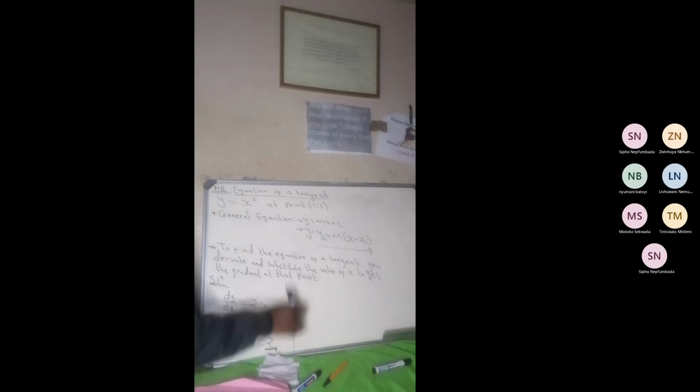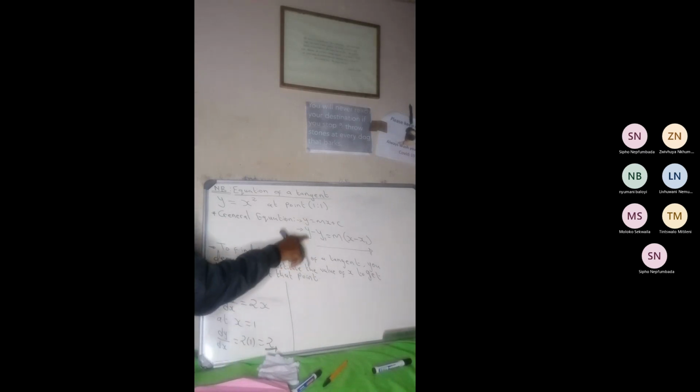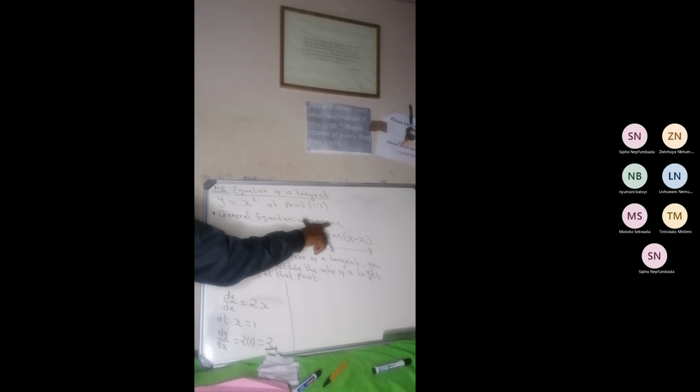Then after that, we use this formula. I told you, you can use this or that. Here you're going to substitute your gradient and the x and y you are given. Are we still together?